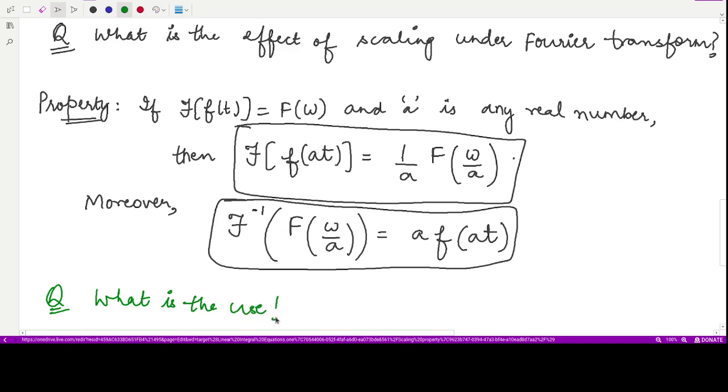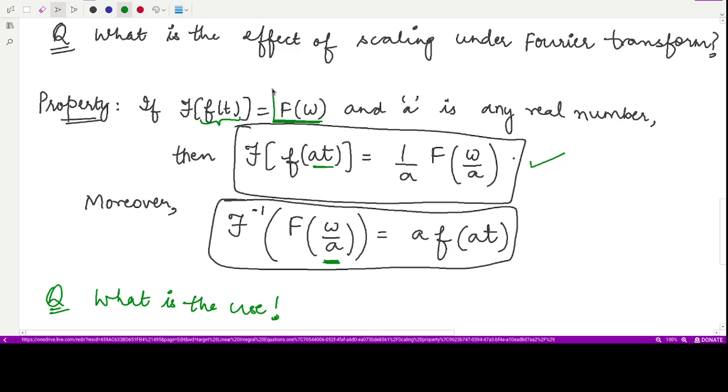You can clearly see that if you have already calculated the Fourier transform of some typical function f of t and you already know it is equal to capital F of omega, and now you have another function which has just been scaled by a or 1 by a, do you have to repeat your calculations with this scaled function? The answer is no. You can make use of these relations.